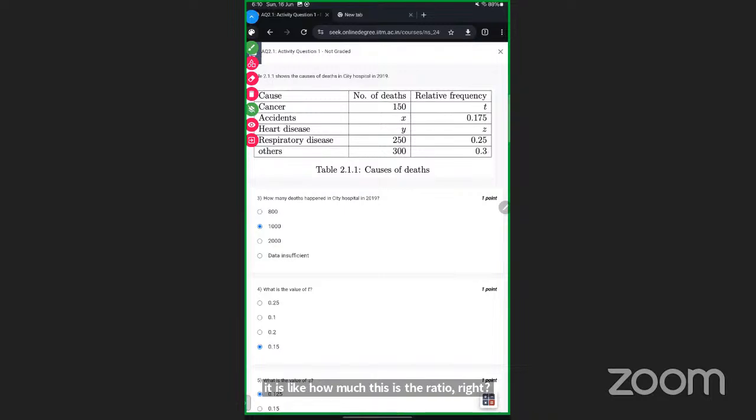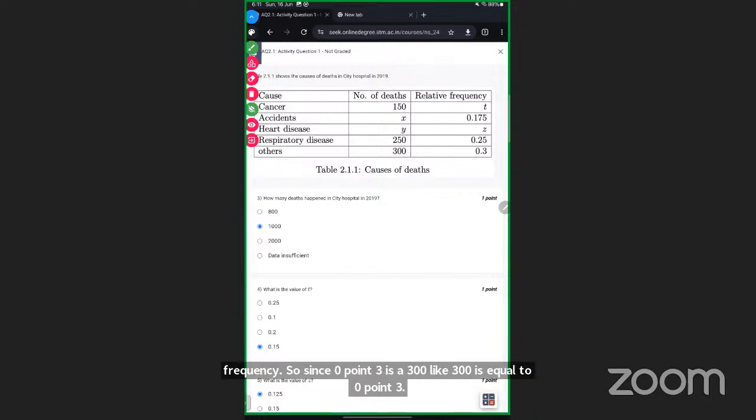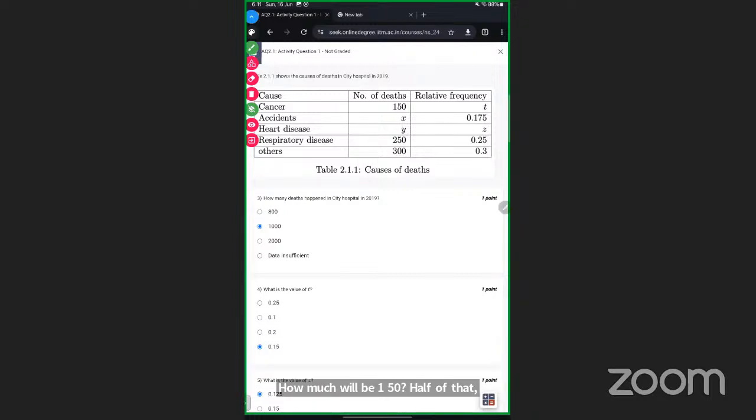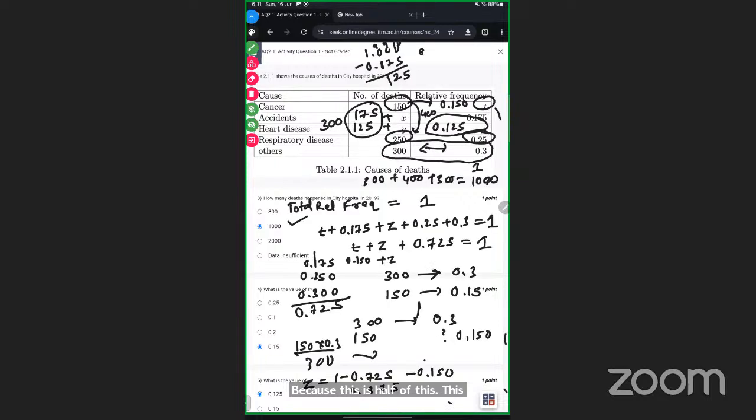Since 300 is equal to 0.3, how much will 150 be? Half of that. T would be half of 0.3, because this is half of that.